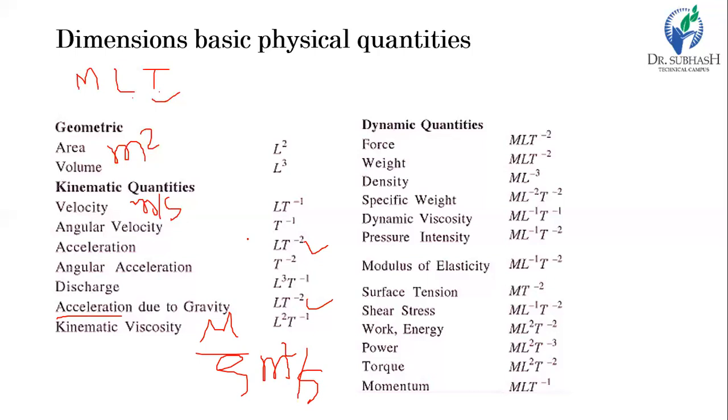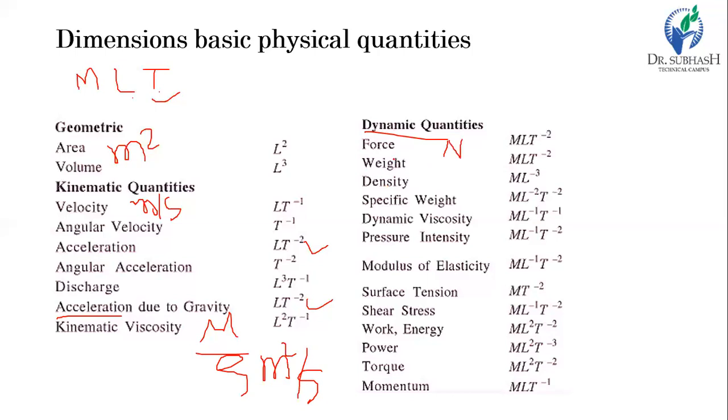After seeing these kinematic quantities, let's see dynamic quantities. Again, keep in mind that for deriving the fundamental dimension, you must know the unit of that particular quantity. Force has a unit of Newton. You must know the relation between Newton and mass, kg.